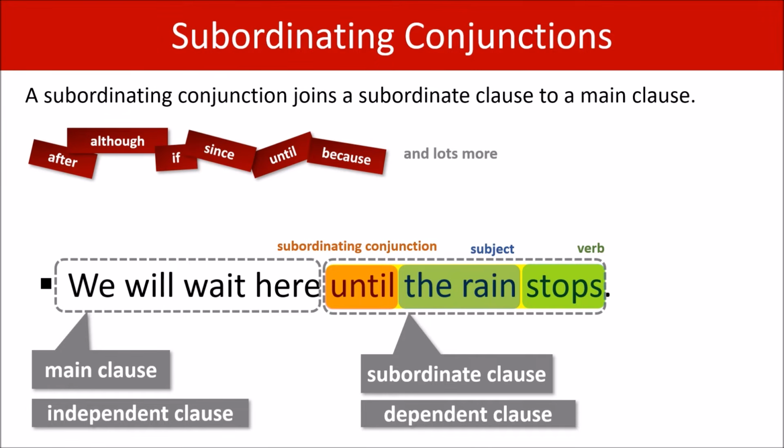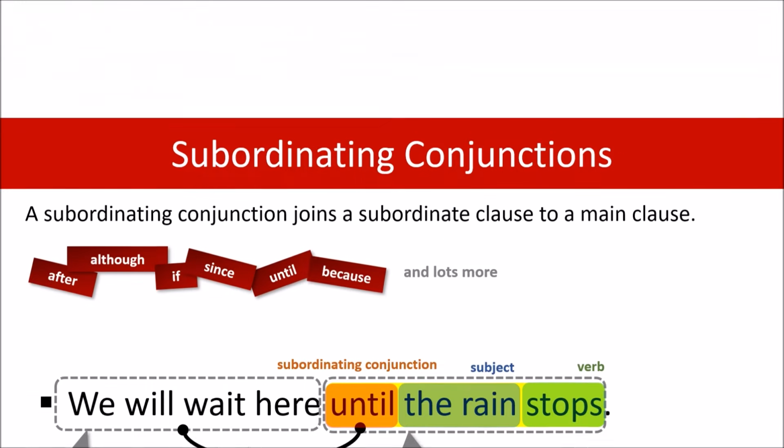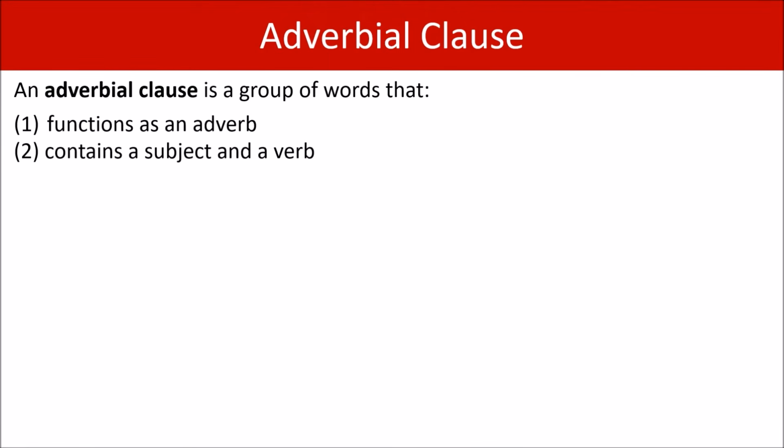It's an independent clause because it can stand alone as a sentence. We will wait here. That is a perfectly good sentence. And our subordinating conjunction joins our subordinate clause to our main clause. It's the bridge between the two clauses. That's enough about subordinating conjunctions. Let's go back to adverbial clauses.